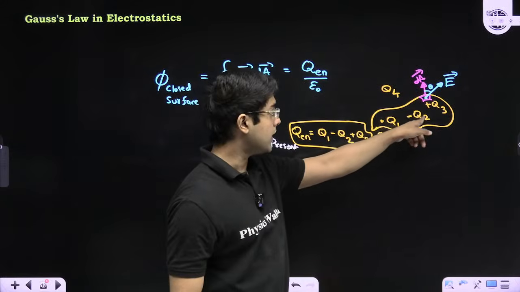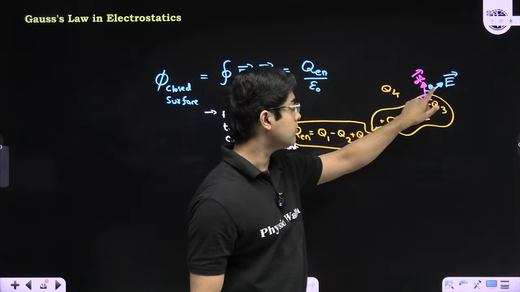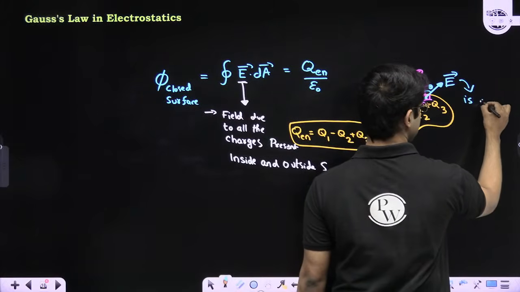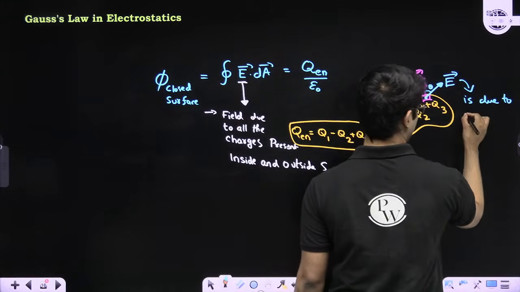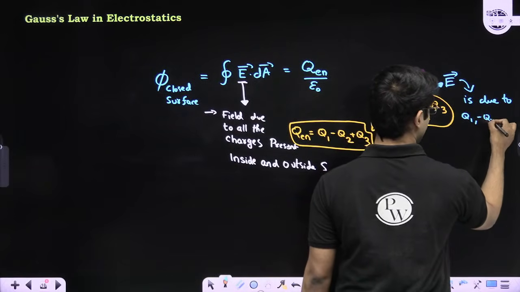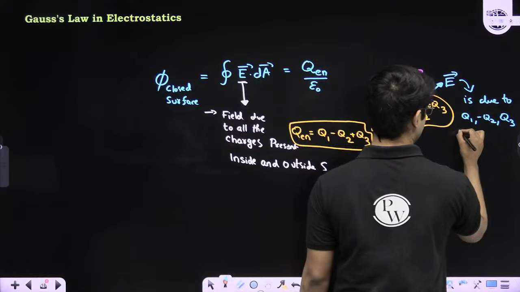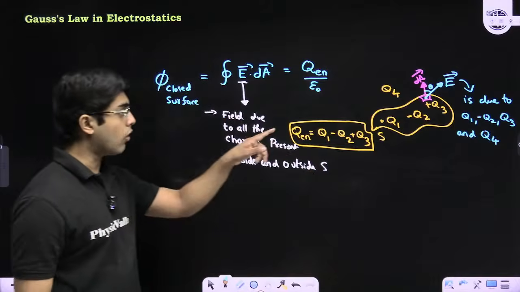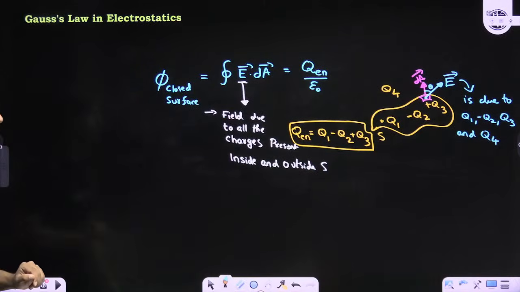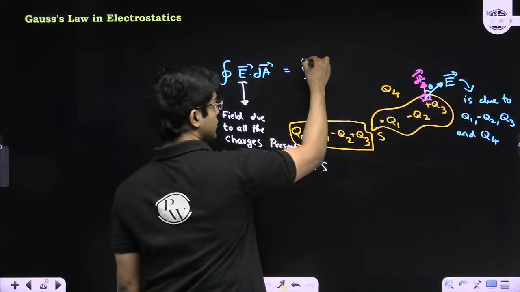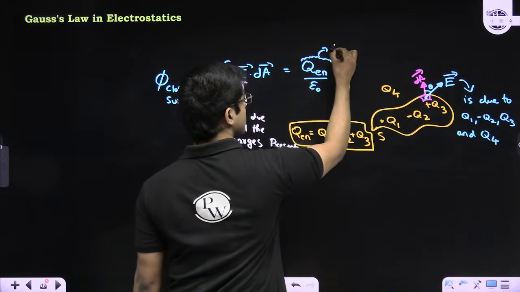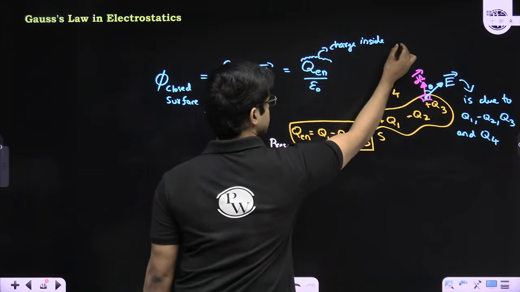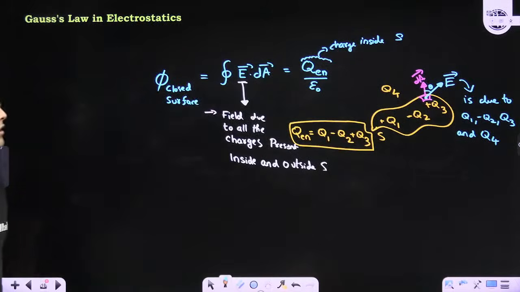So Q1, minus Q2, Q3, Q4, all of them together will contribute this E. This E is due to Q1, the minus Q2 charge, the Q3 charge, and the Q4 charge outside. The total field due to all these charges is going to be your E. Whereas the term on the right is only charge inside, the total charge inside S.